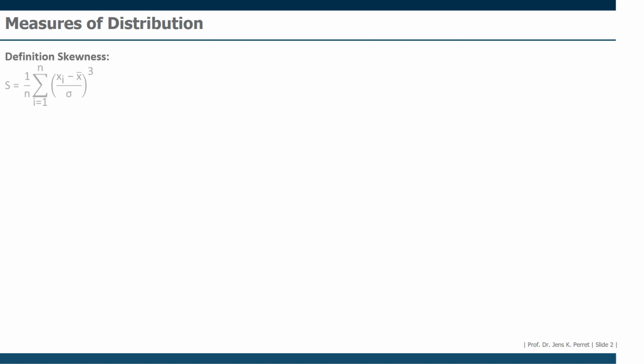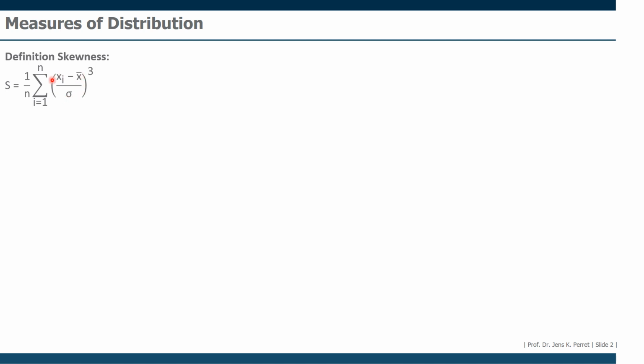With the skewness, we're going to calculate, first off, the standardized values. Standardized values means we take each value from our raw data set, subtract the arithmetic mean, and divide this by the standard deviation.